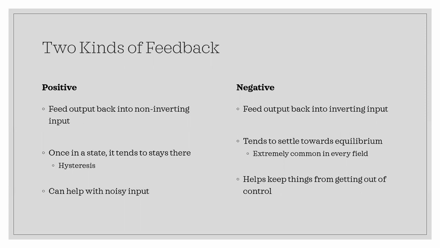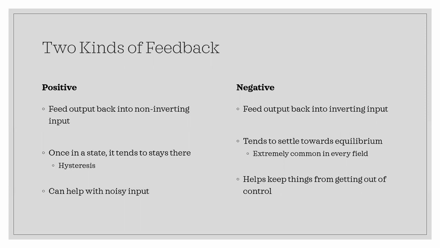Hysteresis is where once a system is in one state, it stays there. And if it's in the other state, it stays there. So basically, it's pushing our system to extreme values. And in the case of an op-amp, it's pushing our output to Vs plus, where it will stay, or Vs minus, where it will stay, unless we give it some significant input changes. And this is a good thing for systems which are experiencing a really noisy input, as it can smooth the output signal.